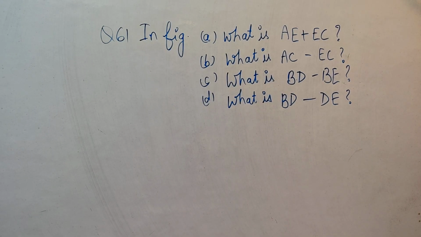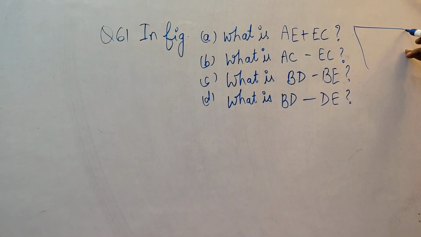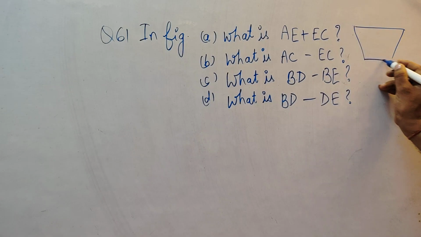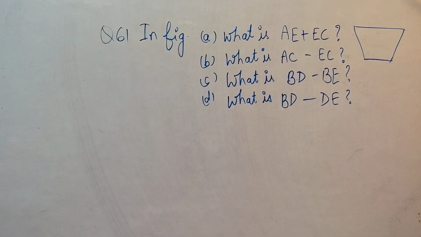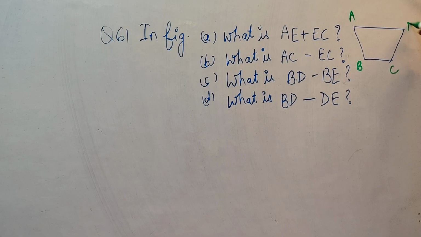Now question number 61, there is a diagram given like a trapezium. In the diagram there are four vertices A, B, C, D and two diagonals AC and BD.